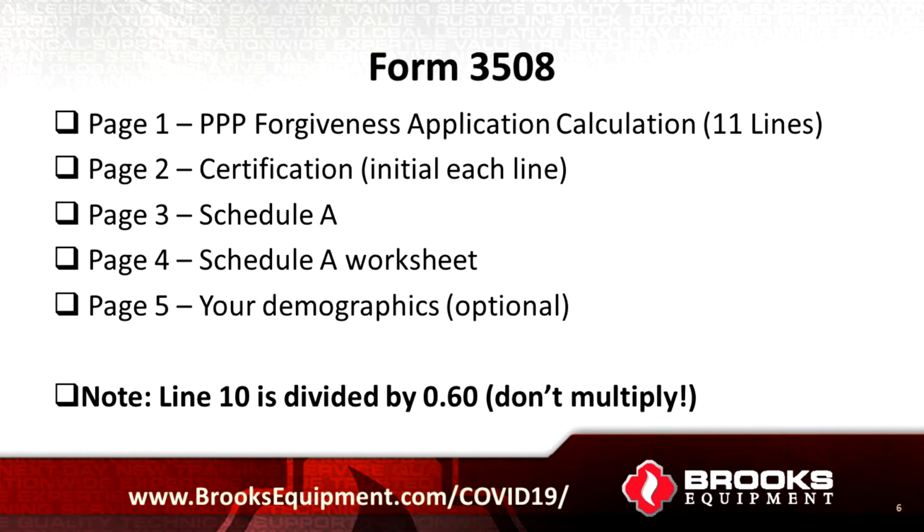Page 4 is the Schedule A worksheet. There are 2 tables of information that need to be filled in. Complete the salary and hourly wage reduction column only for employees whose salaries or hourly wages were reduced by more than 25%. Page 5 is providing information on the borrower demographics. This is an optional page for you.